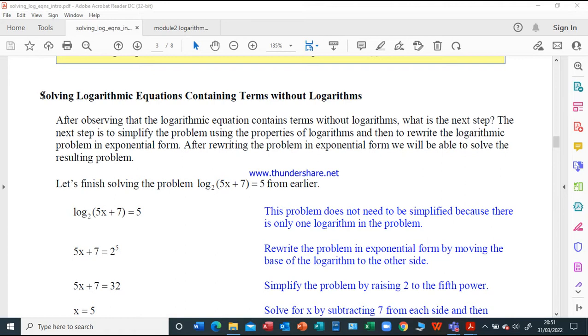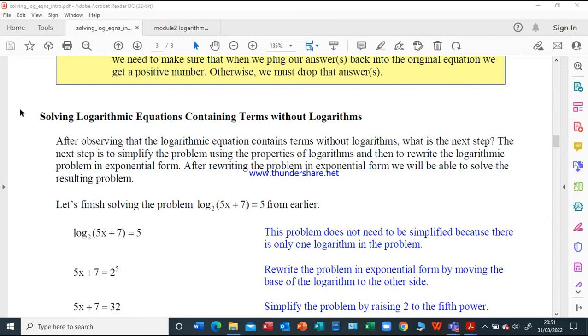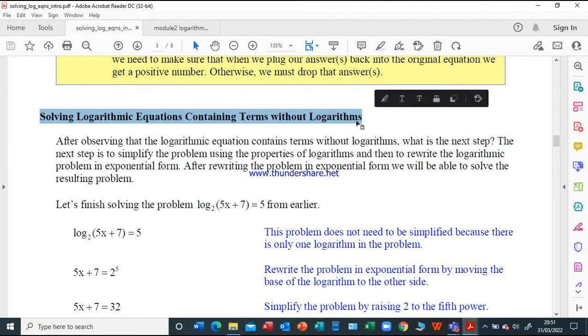Last Tuesday we looked at equations that had logarithms on both sides, and we looked at the method of solving them. So today we are dealing with solving logarithmic equations containing terms without logs. So that means one side will have logs and the other side without logarithms. So how do you solve them?